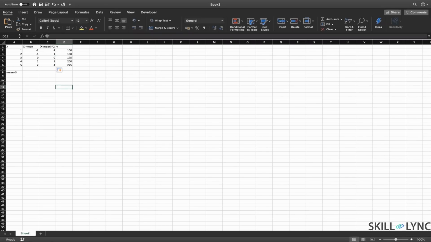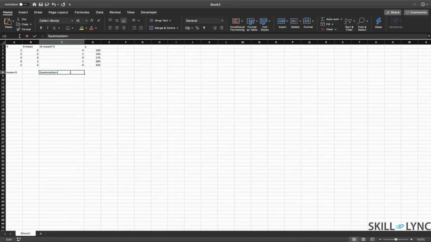Now what is the summation of this column? Sigma, summation. What is the summation of this? 10, right? So now we have calculated the summation. We have to divide that by the number of observations, which is n for the population formula, right? So in this case, 10 by 5, which is 2.